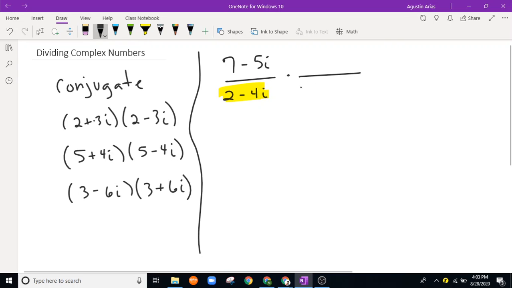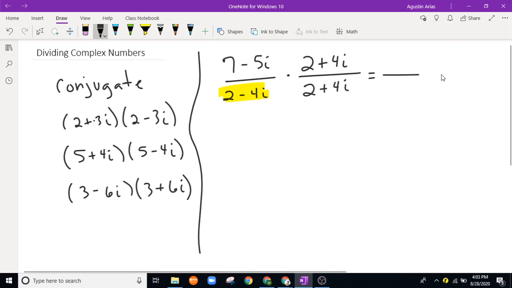We're just going to change the minus to plus, so that's getting the conjugate of it. If I ask you to get the conjugate, you just take the middle sign and change it. Everything else is the same. So both of these have to be the same thing: 2 plus 4i, 2 plus 4i. And where did I get 2 plus 4i? I got it from this, except I changed the minus to a plus.